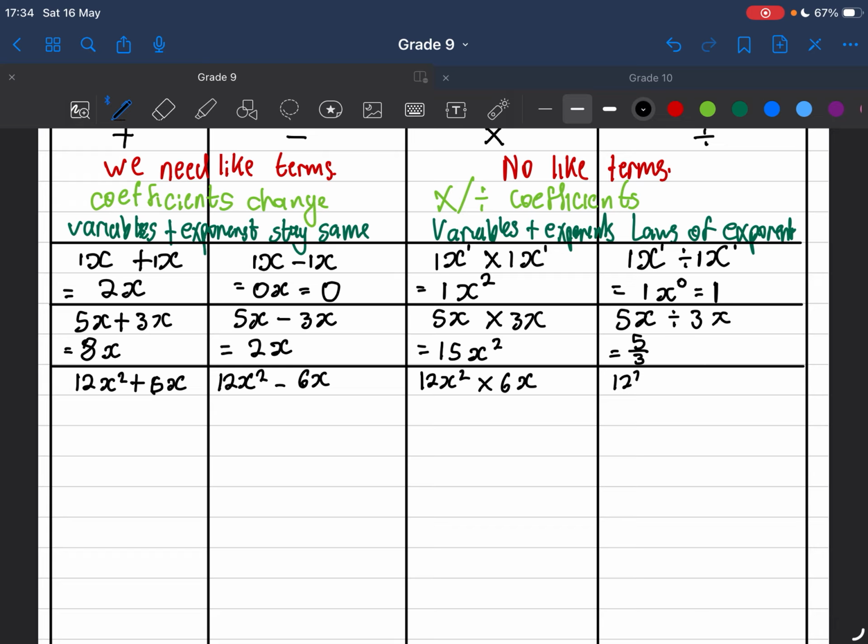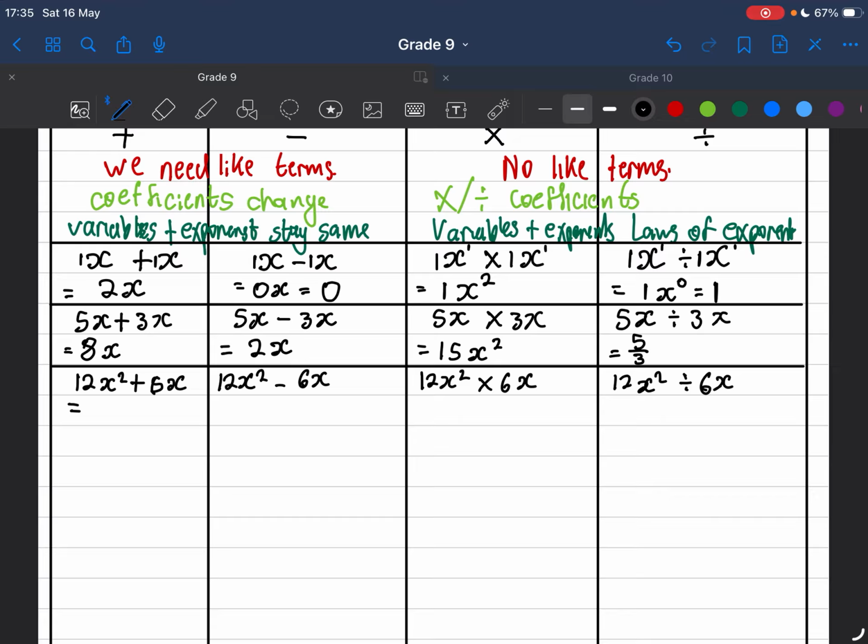Then let's do 12x squared divided by 6x. All right, so this is an exercise, as I mentioned, that teaches you the difference. It's an idea that's meant to train you not to make mistakes. So pause the video and make your mistakes now, so you don't have to make them in an exam.